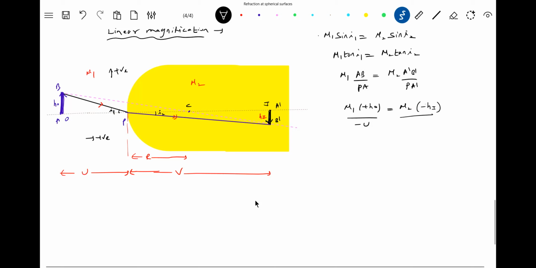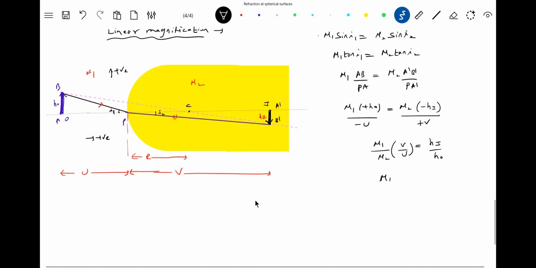PA dash will become plus V. So finally, how do you define magnification? Let's simplify this: mu1 by mu2 times V by U equal to HI by HO.